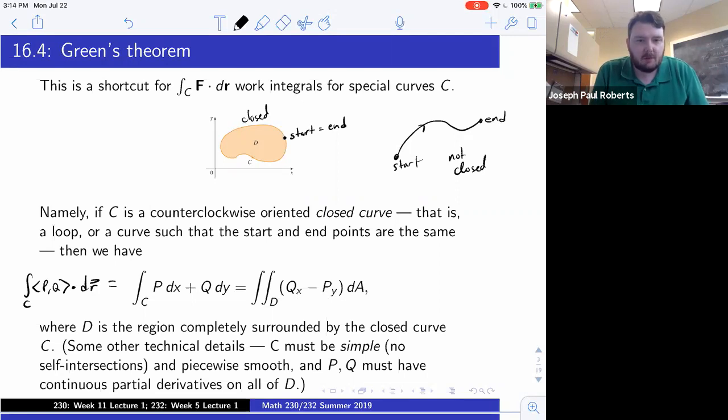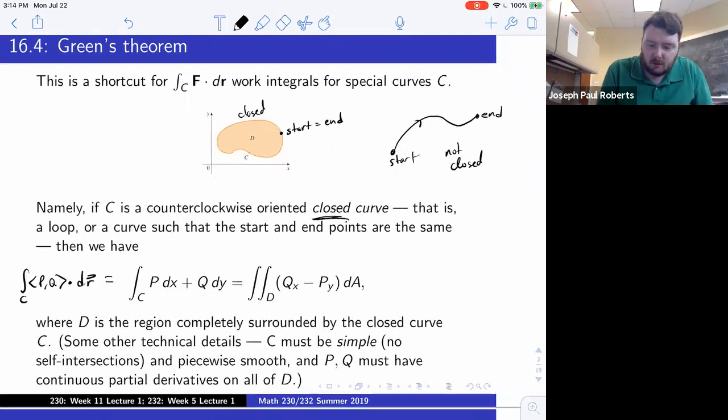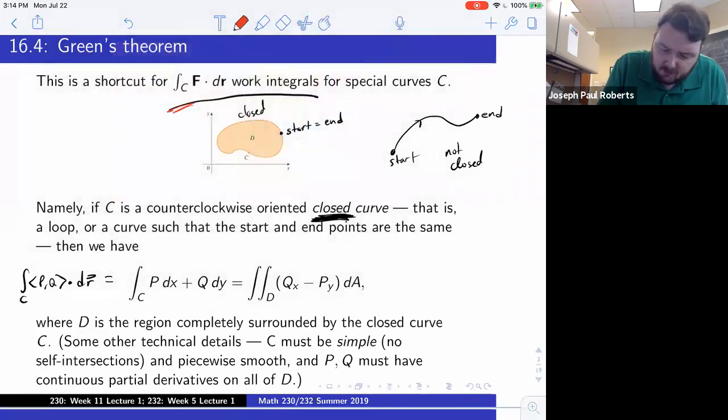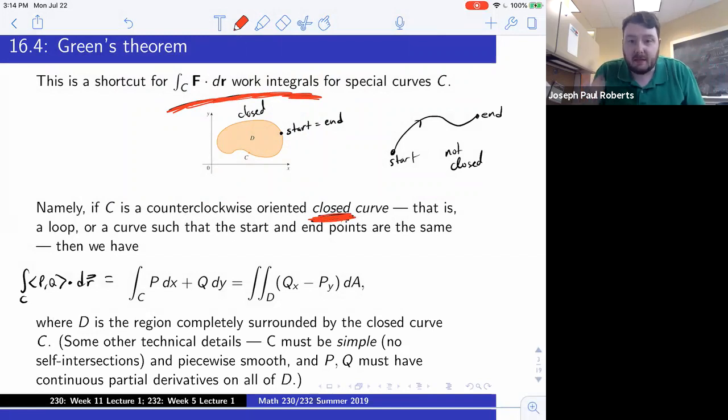So anyway, the big thing here is closed curve and the fact that we're doing work integrals. All these other little details, differentiability, simple, all that fun stuff, don't worry as much about. But the big hints are closed and work integral.